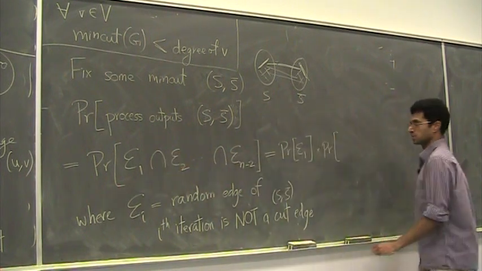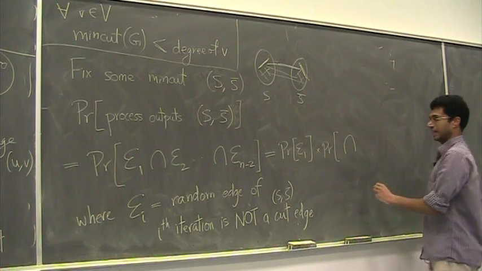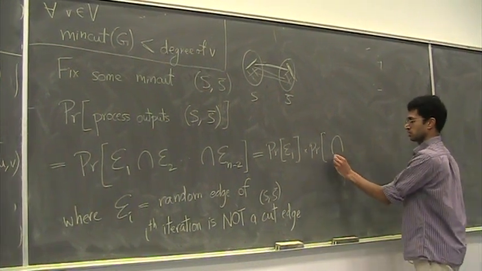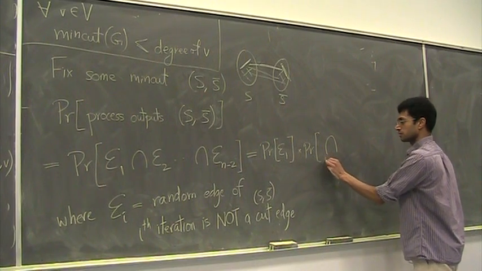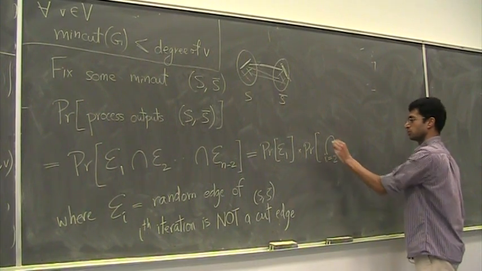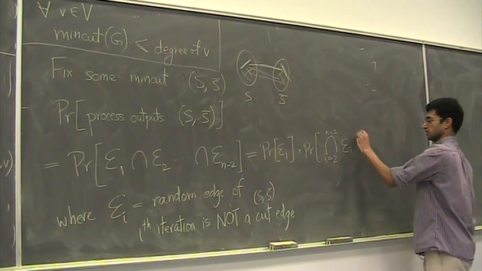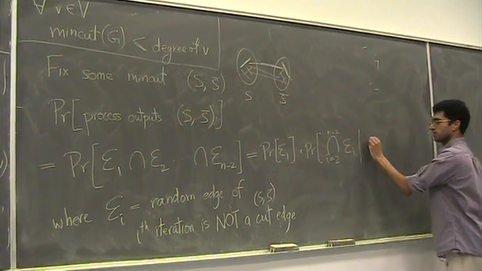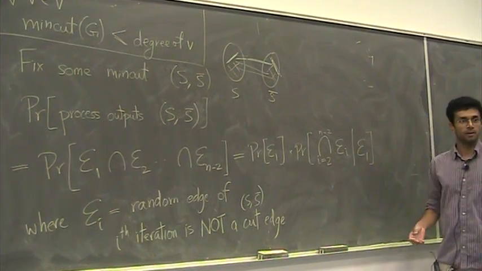So this is the probability of everything else happening, where i is going from 2 to n minus 2. This is all of those events happening conditioned on this event. Okay?